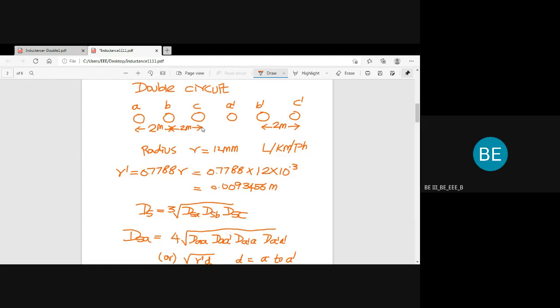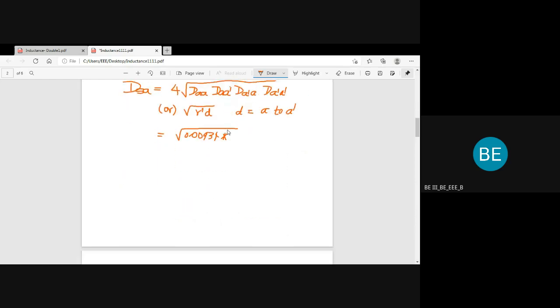So what is the distance between A to A dash? 6 meters. So 2 plus 2 plus 2. So we will have 6 meters. So if you compute this, 0.2368 meter.